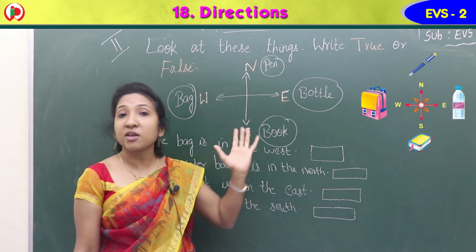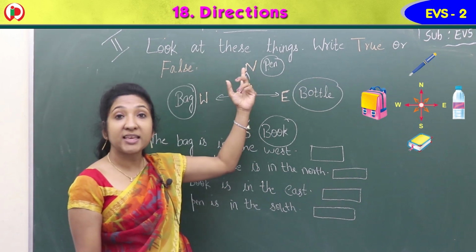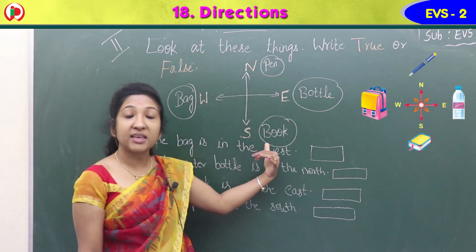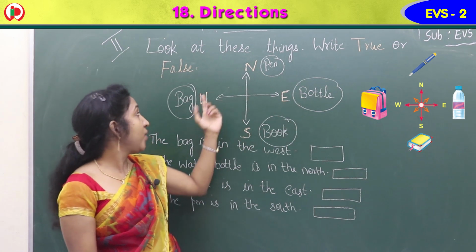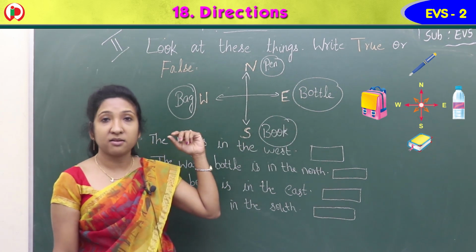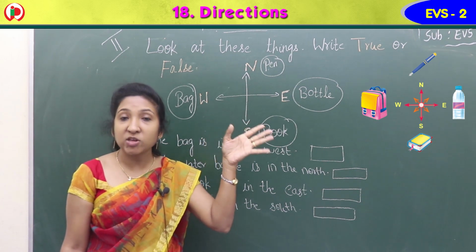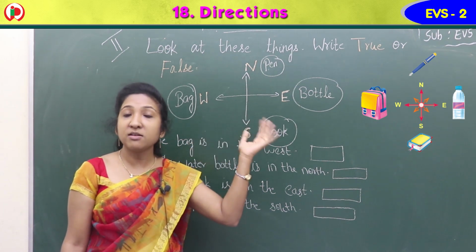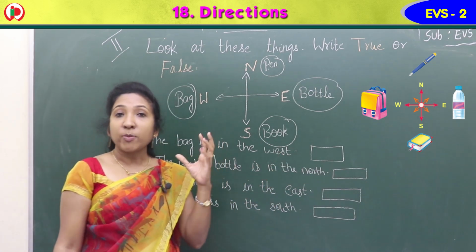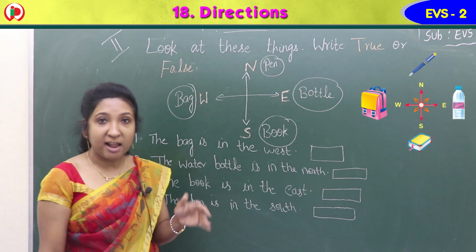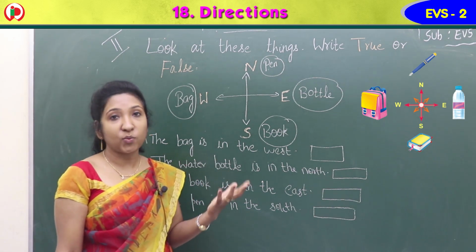North side you can see a pen, south you can see a book, east you can see a water bottle, west side you can see a bag. Can you see the image here? Yes, you can see the image in 4 directions. Now observe the images carefully in each direction, then try to answer the questions.